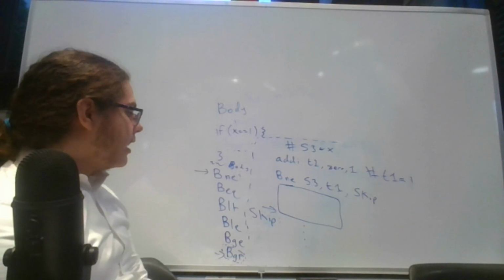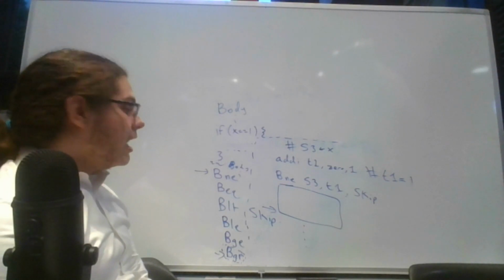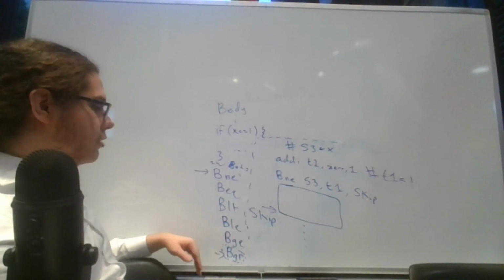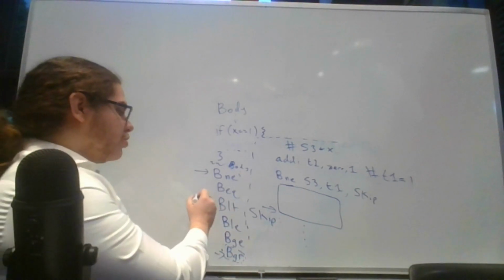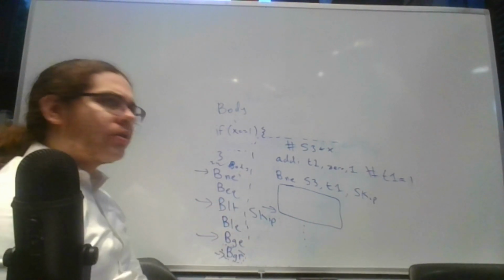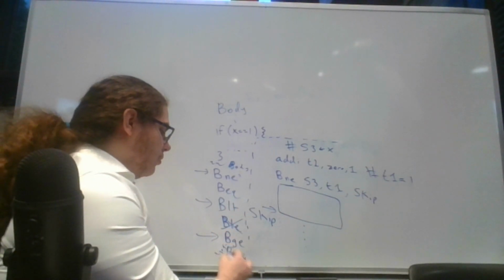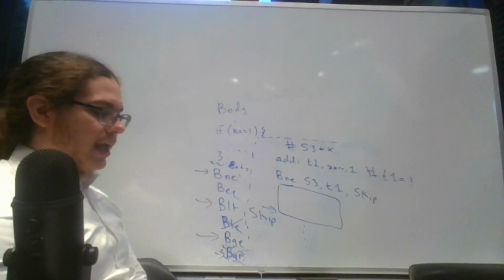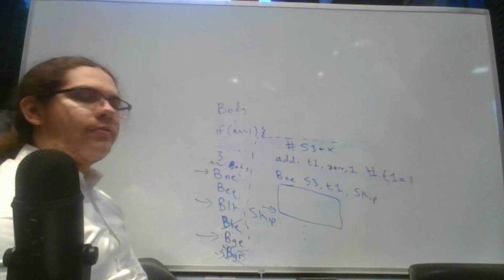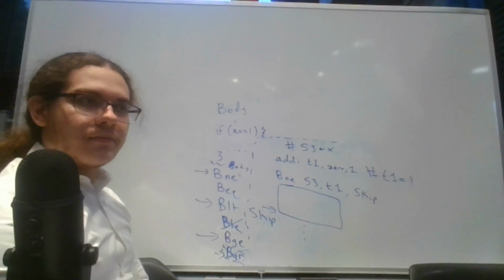I mentioned that two of these were pseudo instructions. I'm pretty sure this one and this one are the real instructions, and these two are implemented with other instructions. And I call them pseudo instructions. That's what they're actually called.